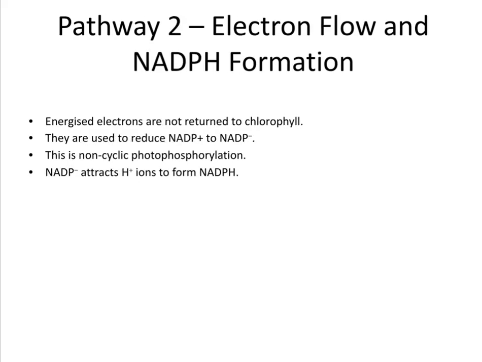Pathway 2. Electron flow and NADPH formation. Energized electrons are not returned to chlorophyll. They are used to reduce NADP plus to NADP minus. This is non-cyclic phosphorylation.